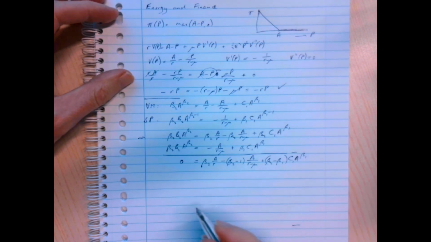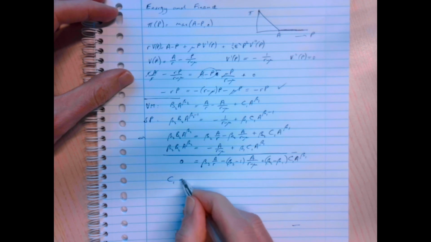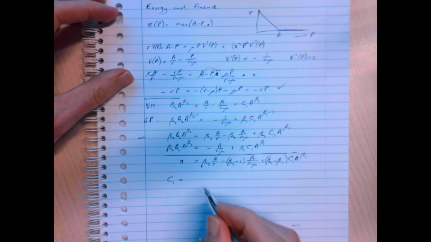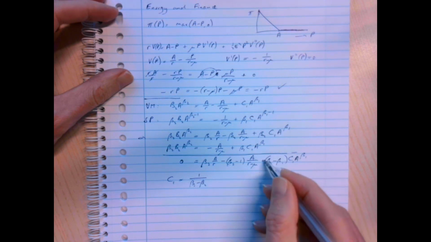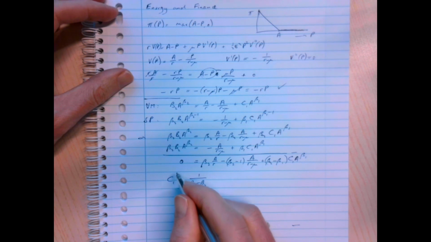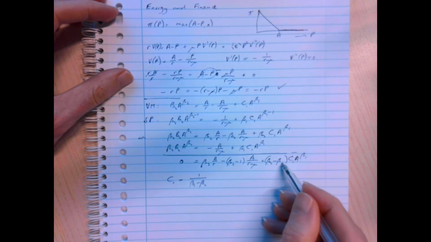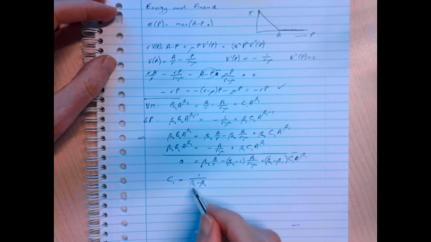Or in other words, C1, taking this to the other side essentially, is going to be 1 divided by beta 1 minus beta 2. So I'm taking this final term here to the other side, which gives me a minus sign, but I'm also interchanging the beta 1 and the beta 2, which gives me 1 more minus sign, so those are cancelling.